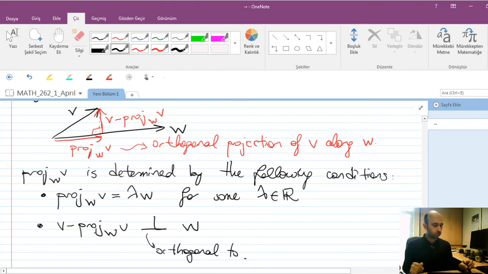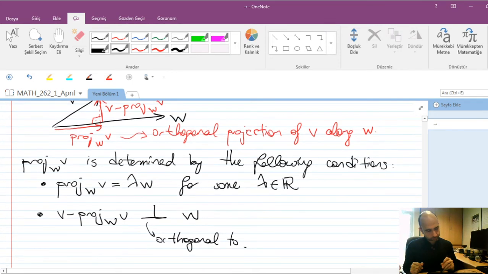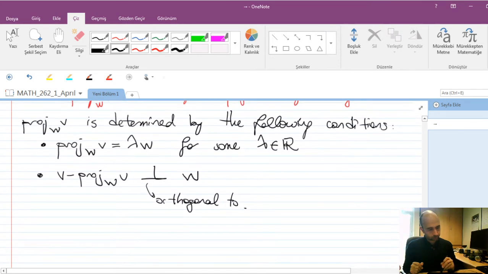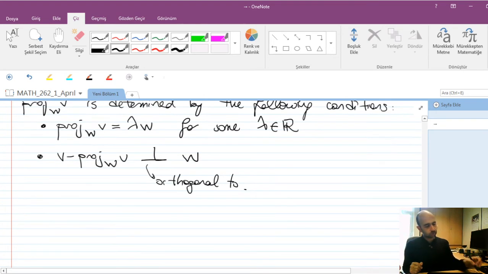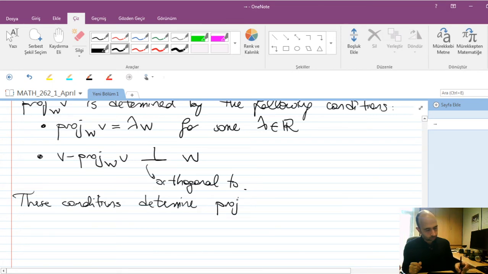Well, first of all, what is orthogonal to? Well, 90 degrees angle, but abstractly, in terms of the inner product, it just means that the inner product of these two vectors is equal to 0. That's it. Okay, so let's forget the picture for now. Let's turn back to these conditions. These conditions determine this proj_W V uniquely.